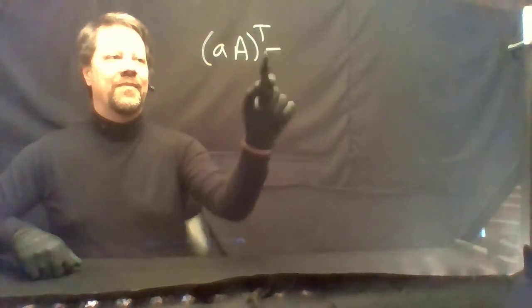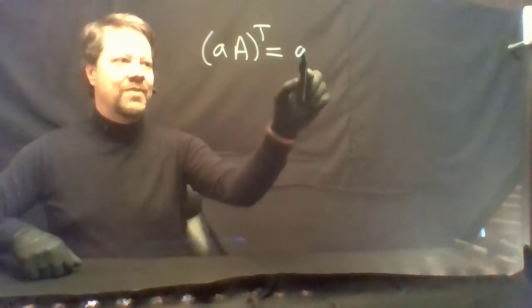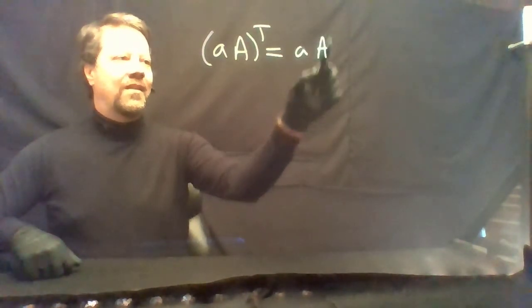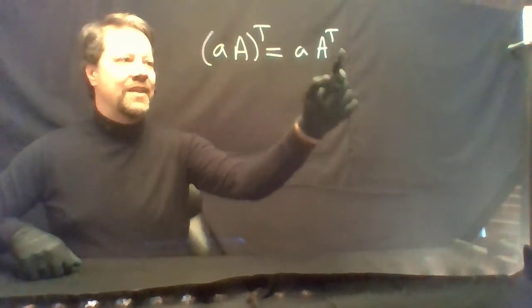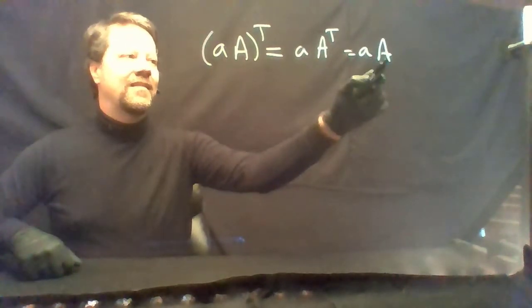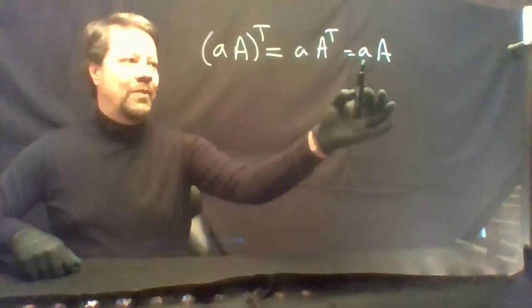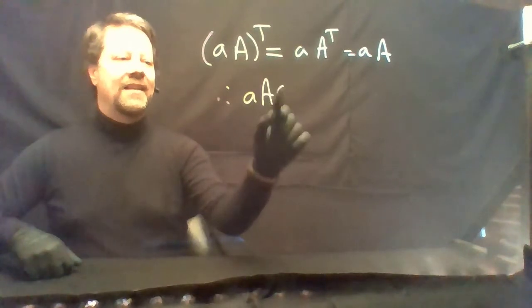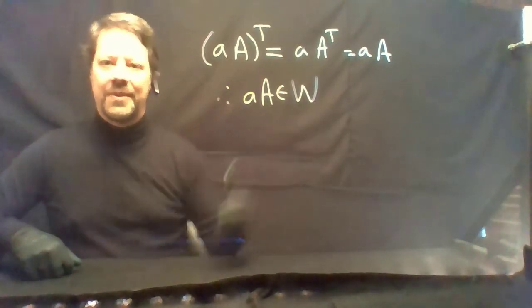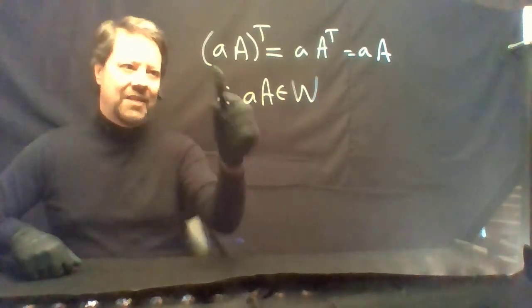If we look at little a times A transpose, this just rescales all the coordinates. Since A transpose is A, we get the transpose of little a times big A equaling little a big A. Therefore, little a big A is an element of the proposed subspace, which means it's closed under scalar multiplication.